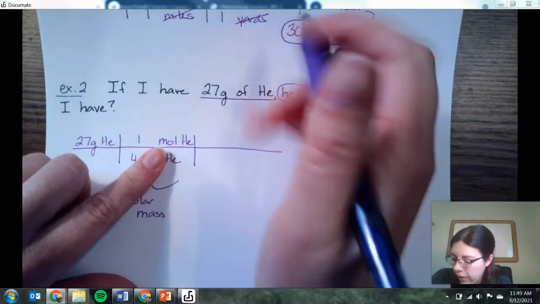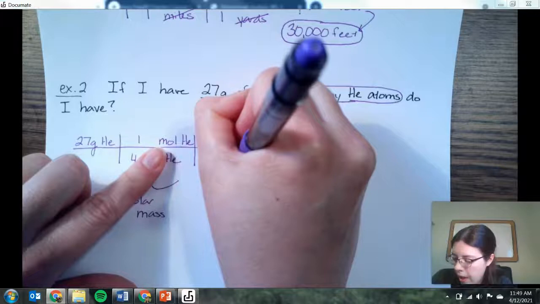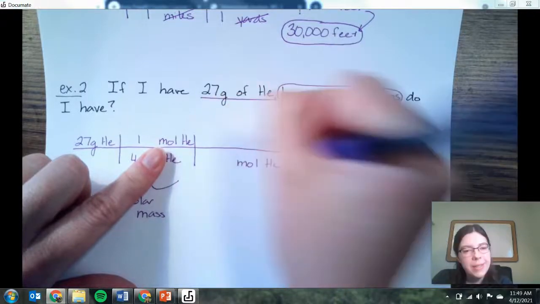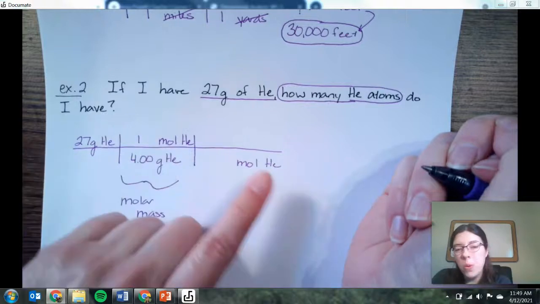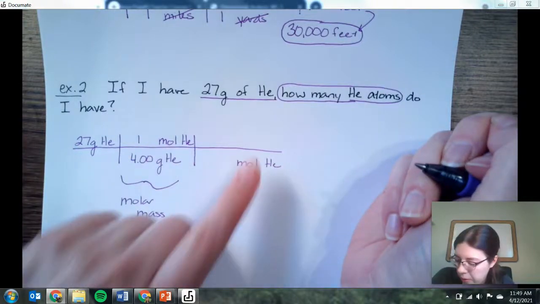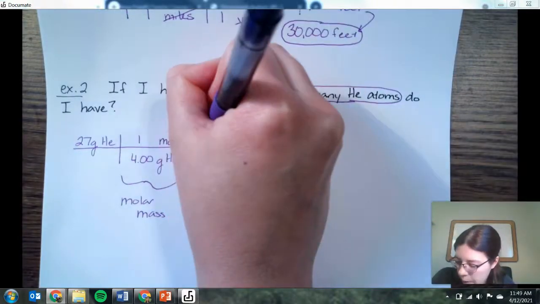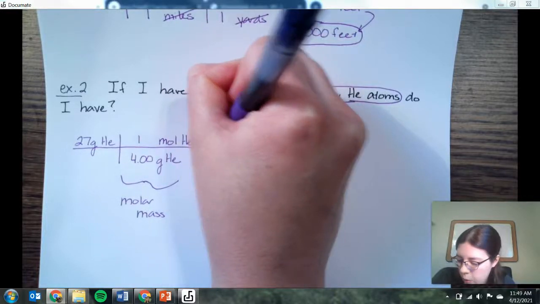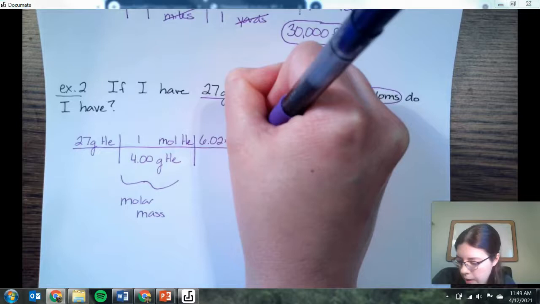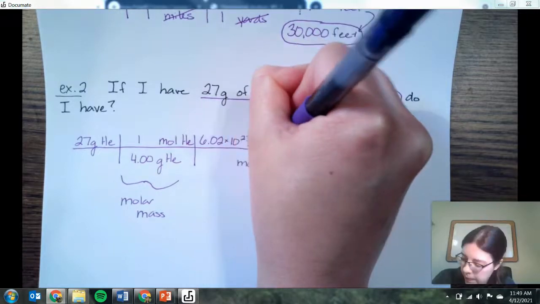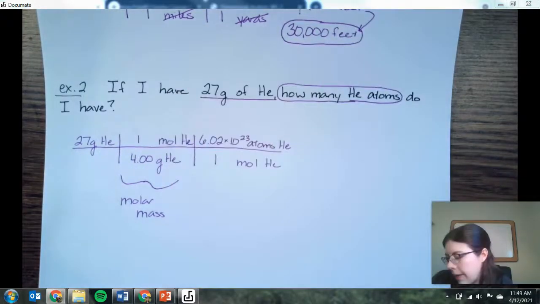So again, on the diagonal, I copy my units so they're the same. And then to go from moles to the number of atoms, I'm going to use Avogadro's number. So 6.02 times 10 to the 23rd atoms of helium, and that's per 1 mole. So that's Avogadro's number there.